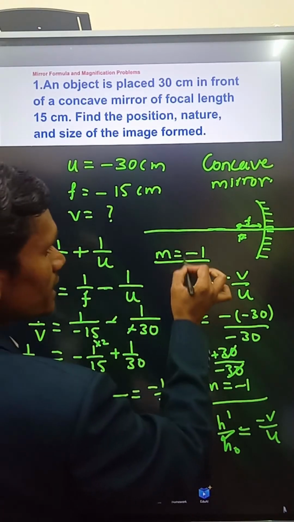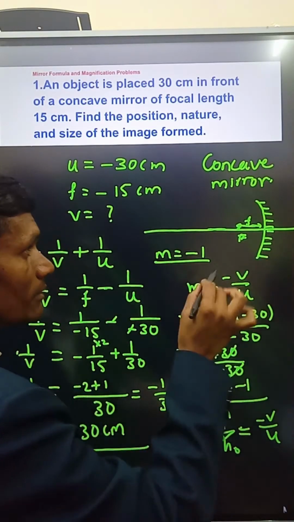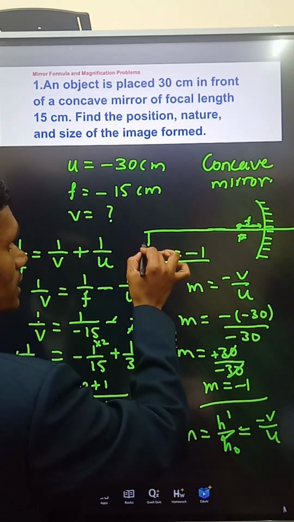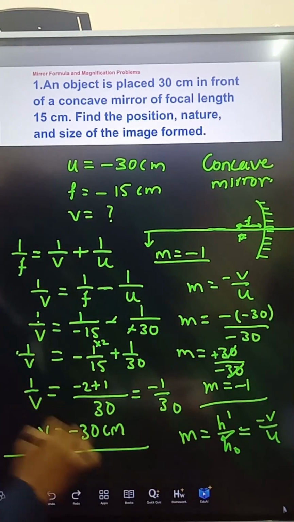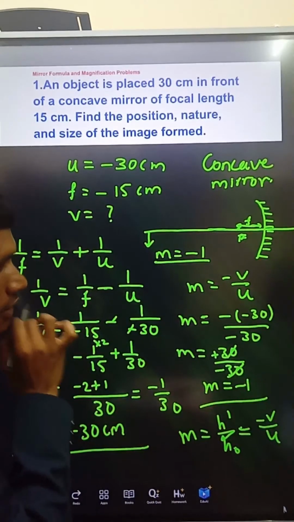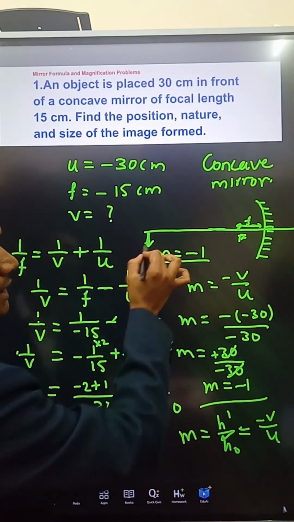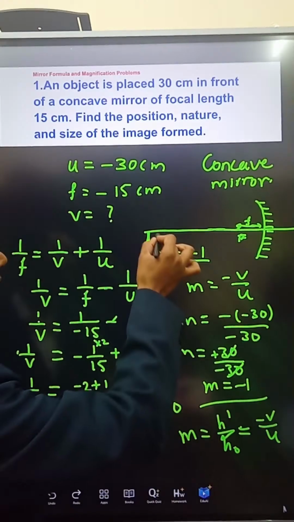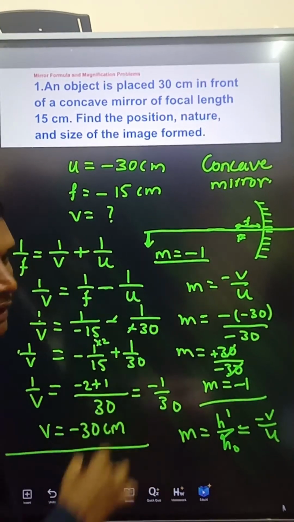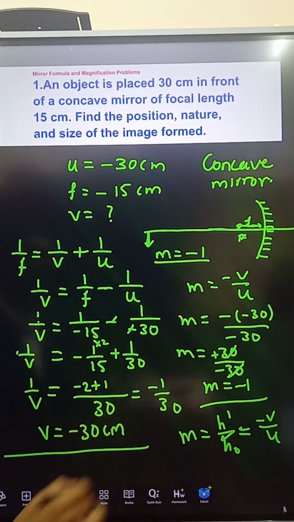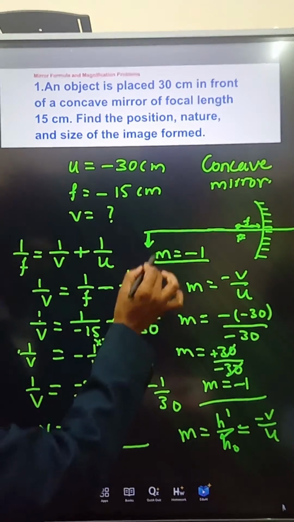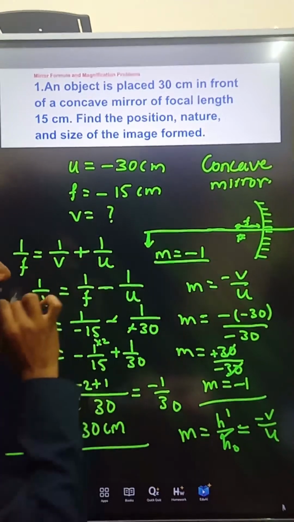And this minus sign indicates that the image is formed below the x-axis, only then we get negative values. So what we can say is the image is inverted. If the image is not inverted, this will not come as negative. That is the most important thing, you have to remember that. So it is inverted, and it is a real image we are getting.